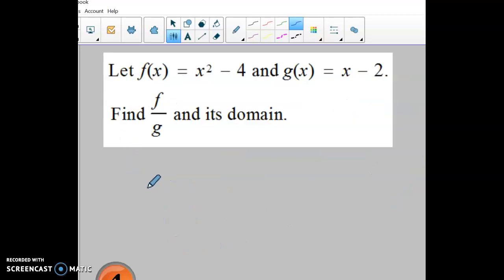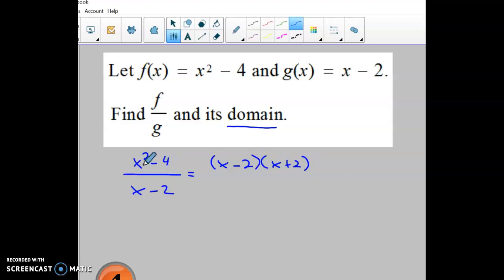All right, a division one, and then also state the domain. So we're dividing f of x on top by g of x on the bottom. You don't really divide, all you do is factor and cancel. Up top, that actually is the square minus square case.